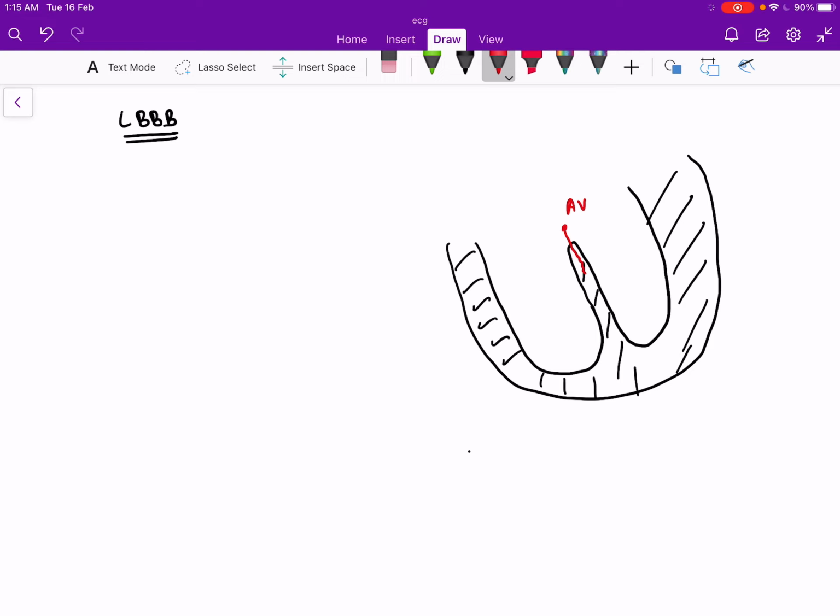This is the bundle of His. The right bundle branch, the left bundle branch, and the fascicles, the anterior fascicle and the posterior fascicle. So we'll be discussing the block of this left bundle branch.